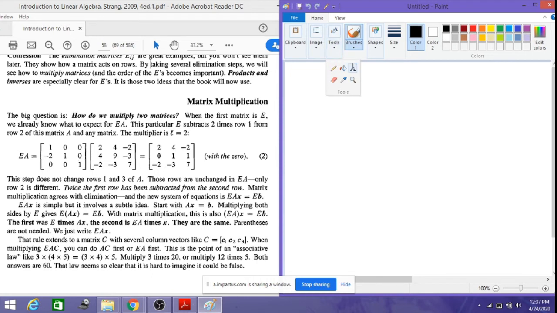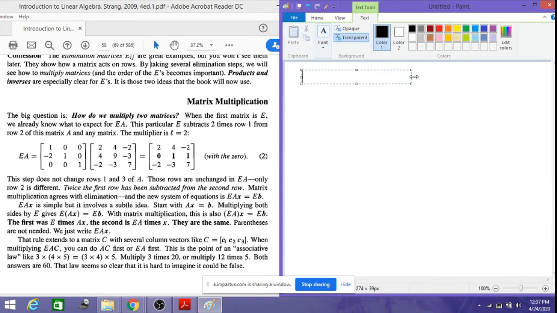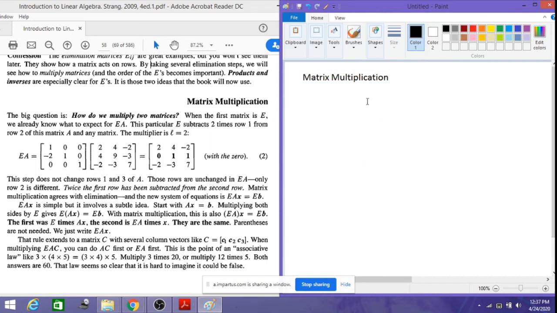So I'll write the heading here. It is matrix multiplication, but not just matrix multiplication. We are going to multiply by the elimination matrix.